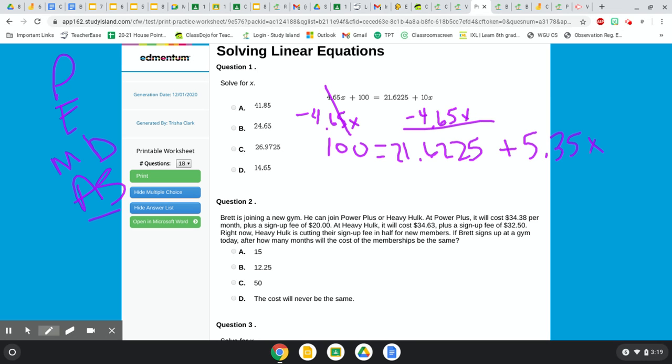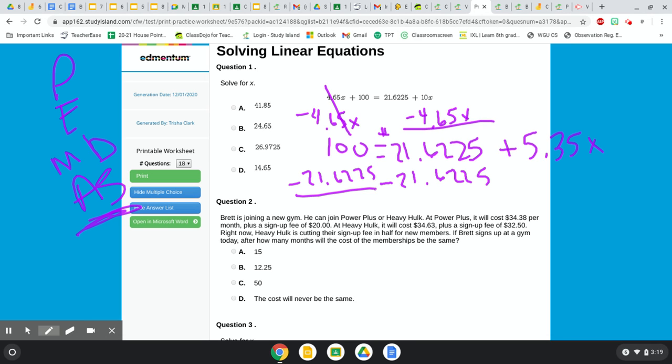Okay, so now that x is on one side, I always start on that side, so I'm looking at the right-hand side right now. I still have to take care of any addition or subtraction. I have this positive 21.6225, so the inverse would be to subtract. I've got to keep things balanced, so I've got to do it on this side too.